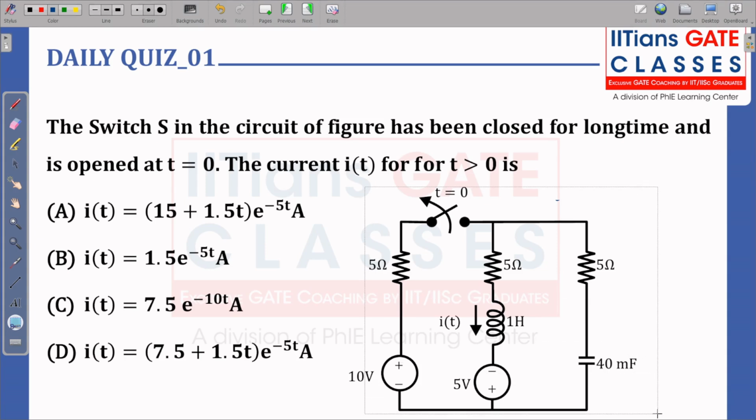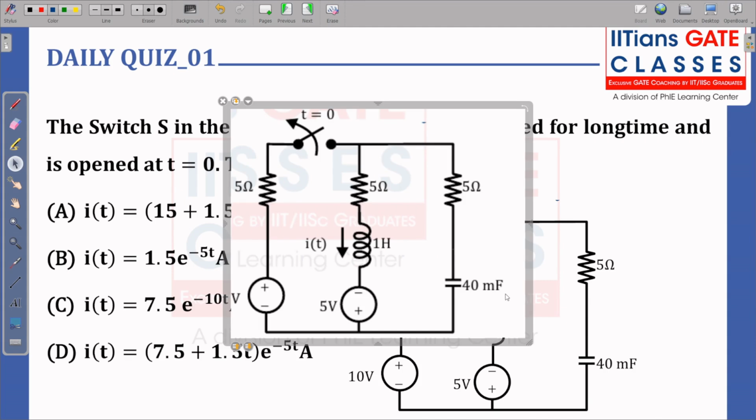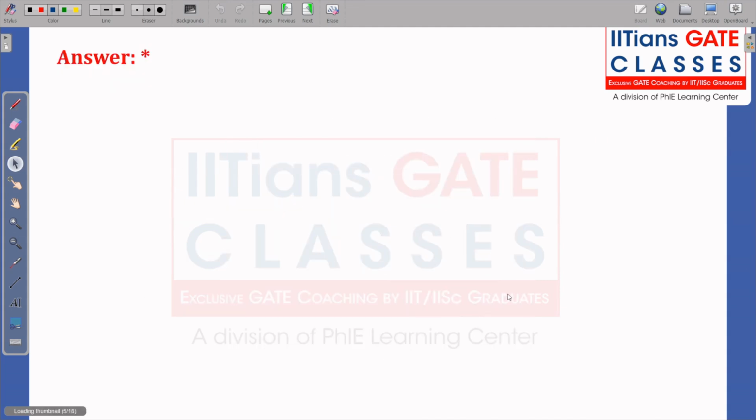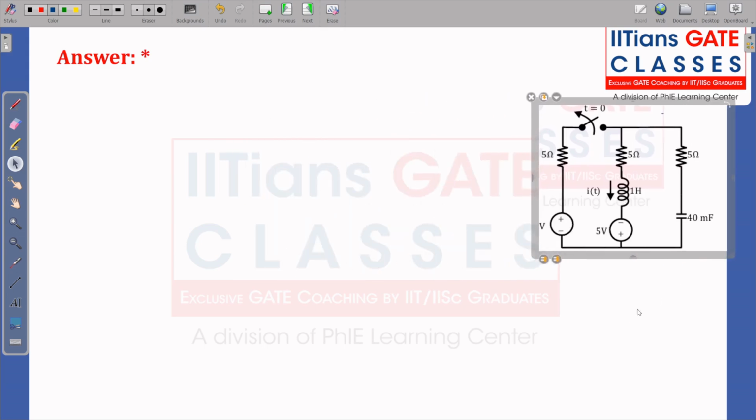So let me redraw this diagram at t equal to 0 minus. At 0 minus, this switch is closed.